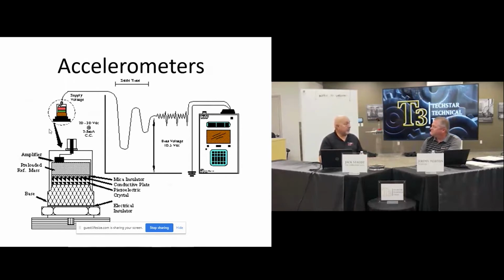You can get an accelerometer with a rating down to 8 cycles per minute, and then you can get one that goes out to 2.5 million cycles per minute. A lot of that's due to the application. A lot of your walk-around program is typically smaller, balance of plant type machines, a lot of rolling element bearings.